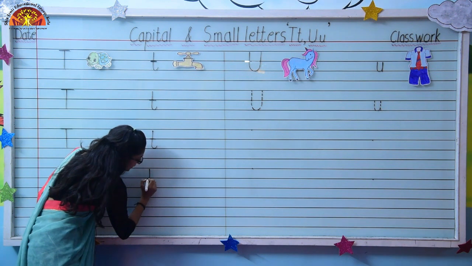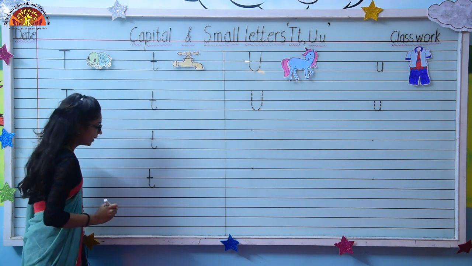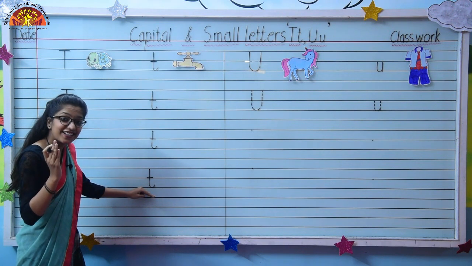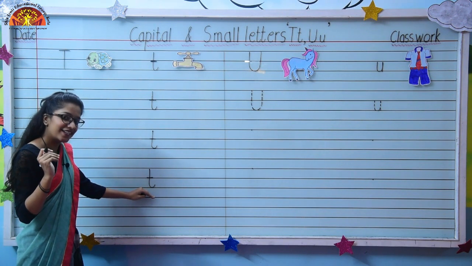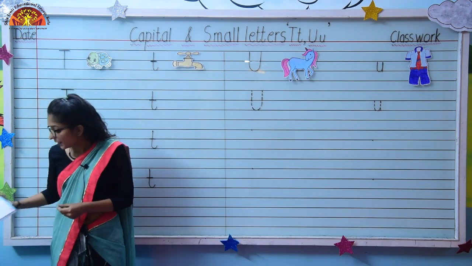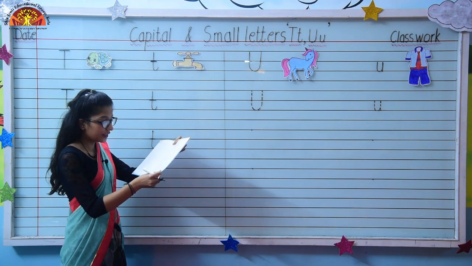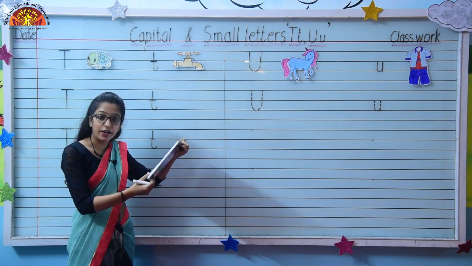Turn. Then one sleeping line on it. So kids, this is small letter T. Like this you have to complete pages 63, 64 and 65.